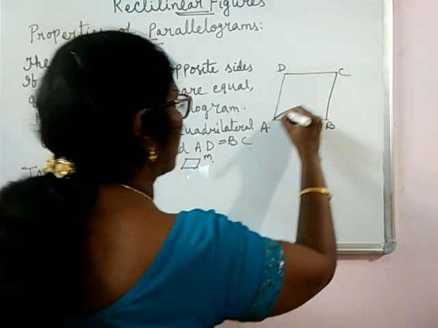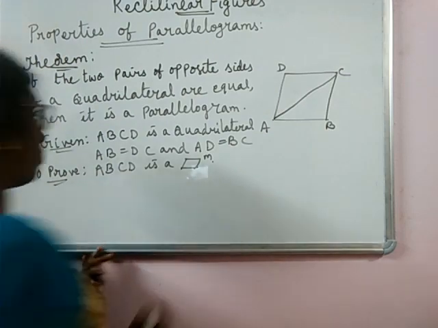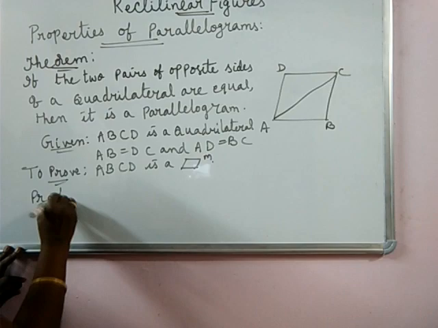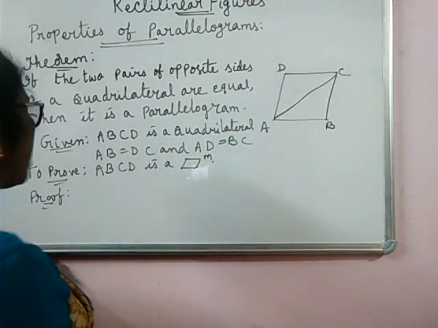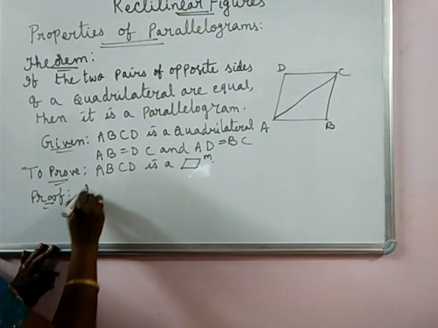For this, draw the diagonal AC. We get two triangles. Proof step. Construction: join AC. Let us make these two triangles congruent.